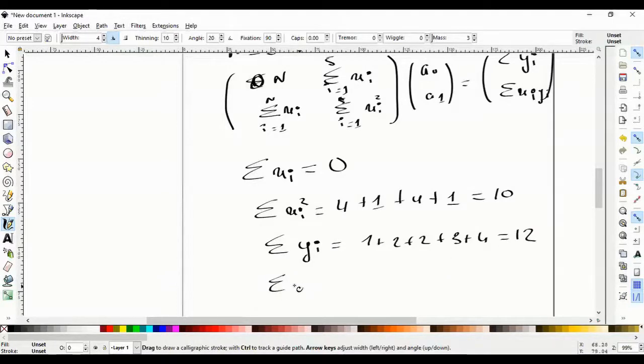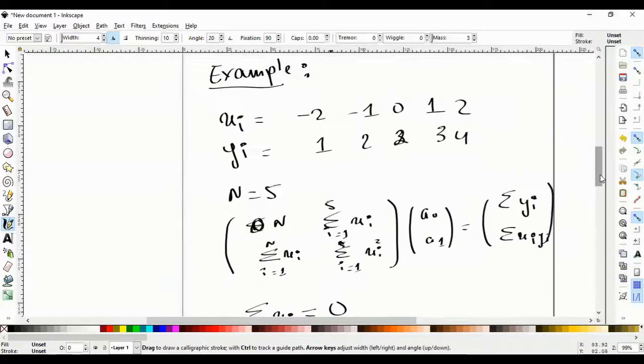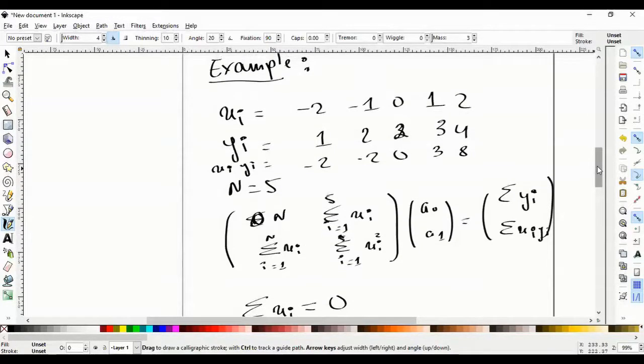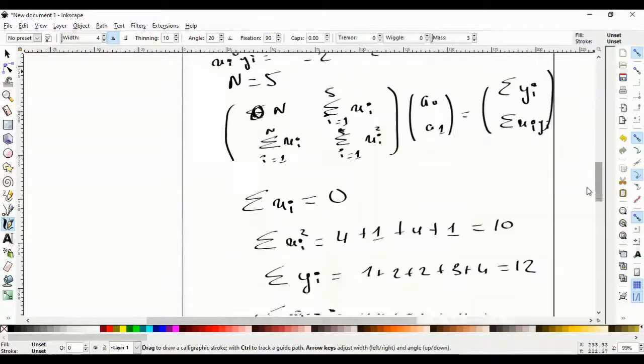The sum of xi yi, what you can do here is compute xi yi. You have -2, -2, 0, 3, and 8. So I have here 7.